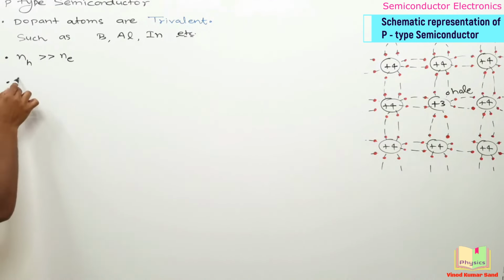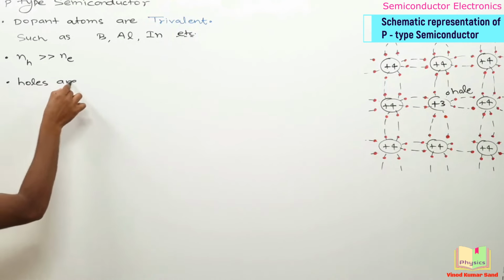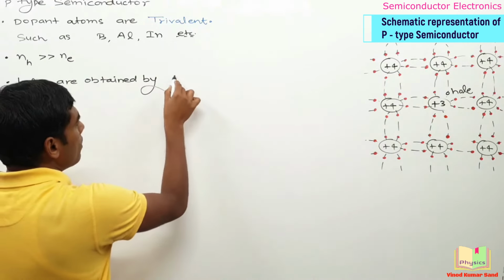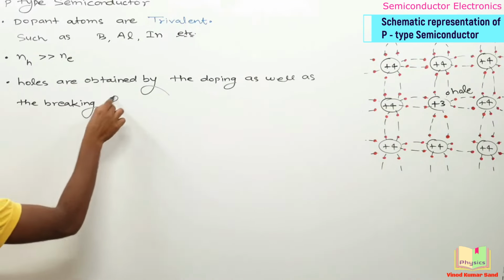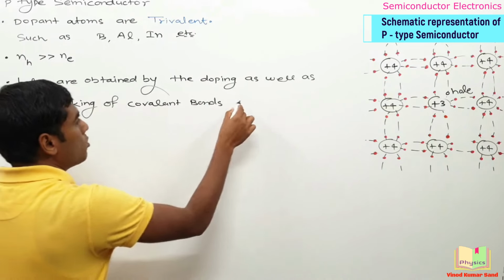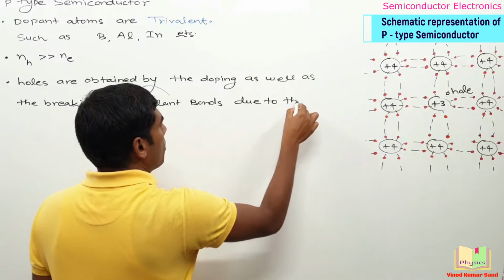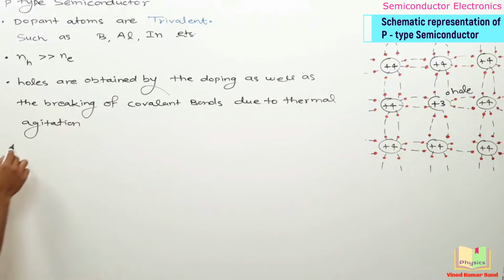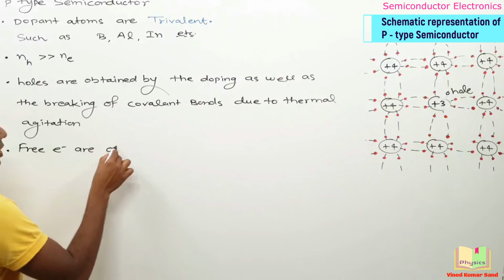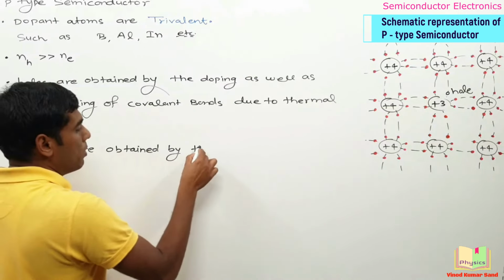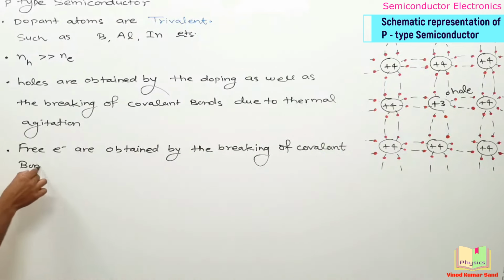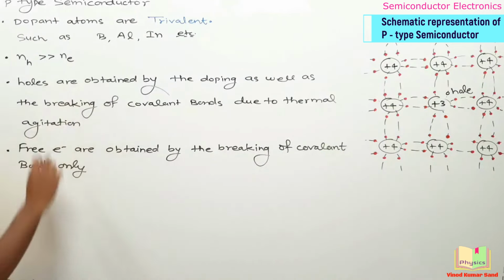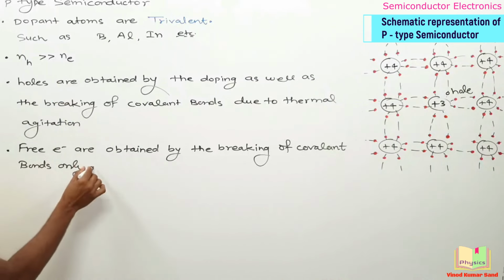The holes are obtained by the doping as well as the breaking of covalent bonds due to thermal agitation, while free electrons are obtained only by the breaking of covalent bonds. That's why the number of free electrons will be less.